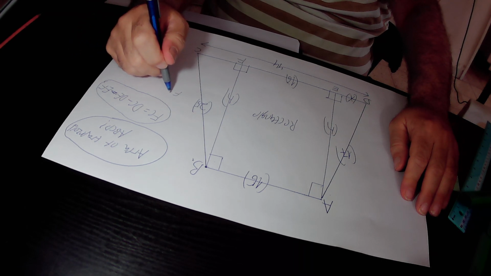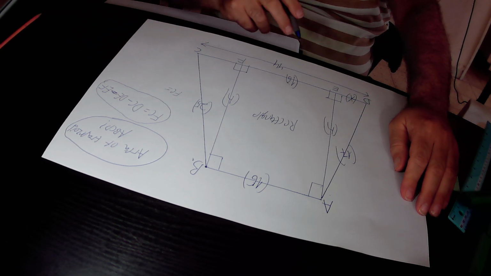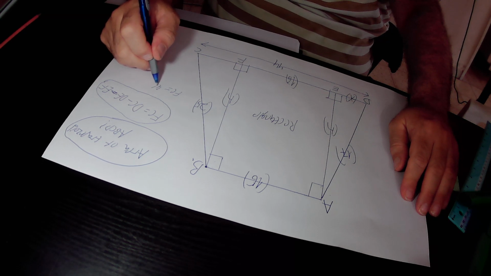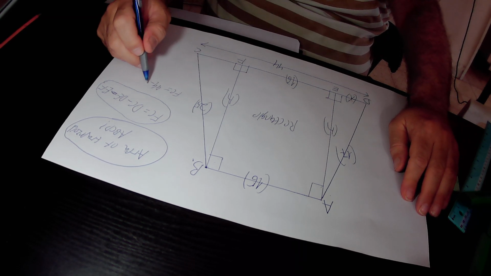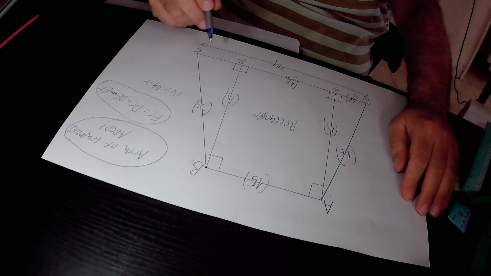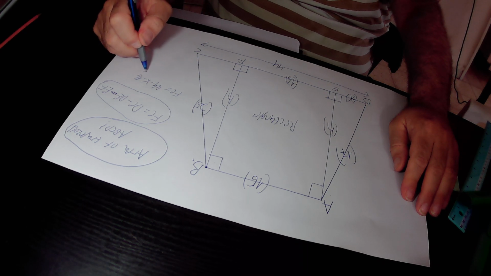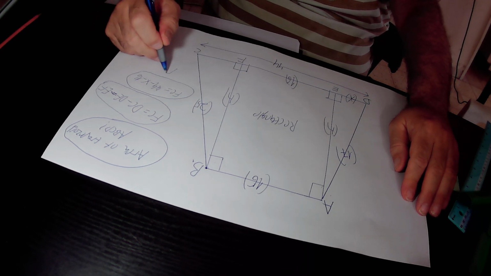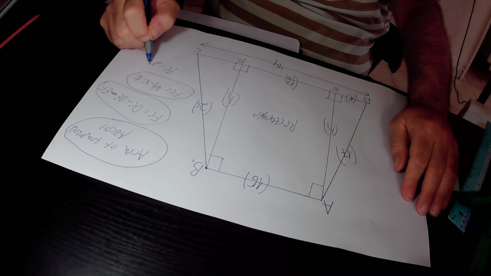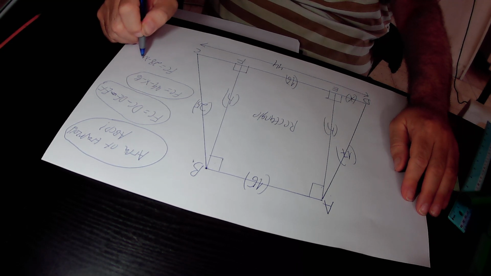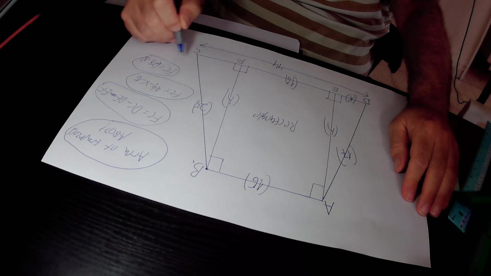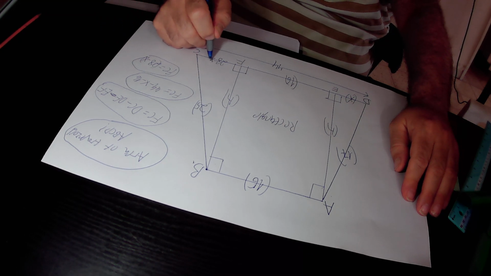So FC in total equals DC, that is 44, minus DE, that is X, minus FE, that is 16. So in total FC equals 44 minus 16, which is 28, minus X. So FC equals 28 minus X units in length.